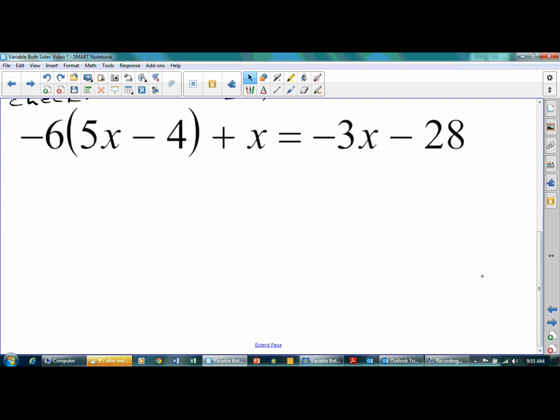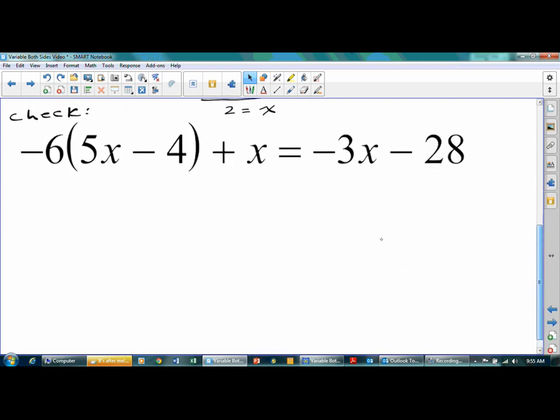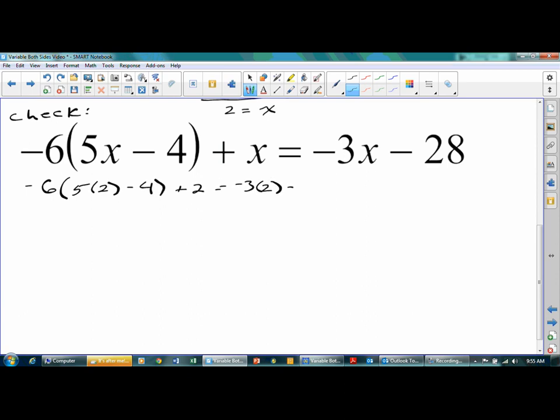And so now the check. So it's negative 6 times 5 times 2 minus 4 plus 2 equals negative 3 times 2 minus 28. Well, that's negative 6 times 10 minus 4 plus 2.